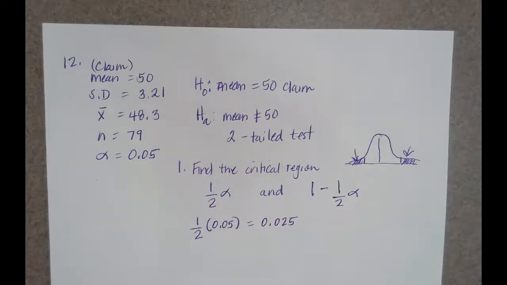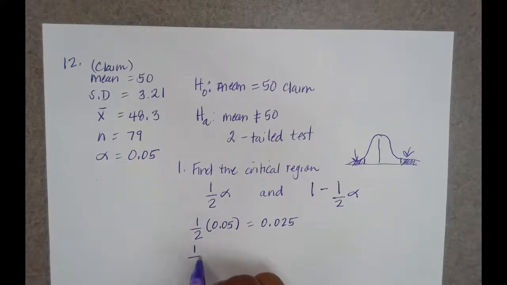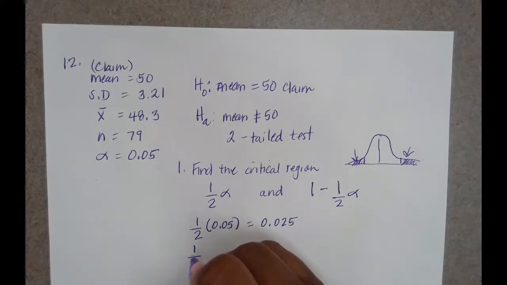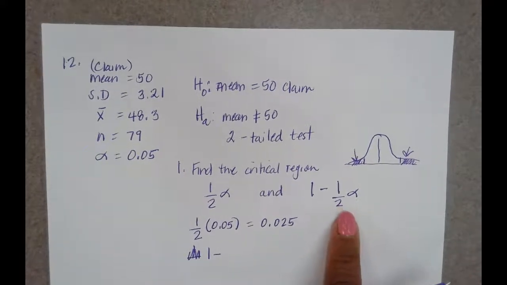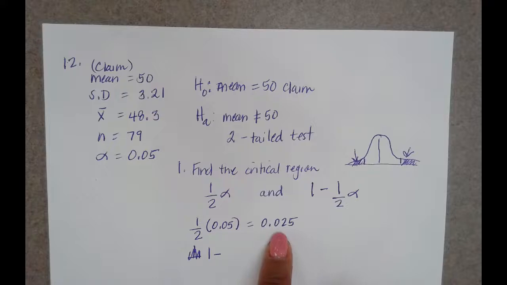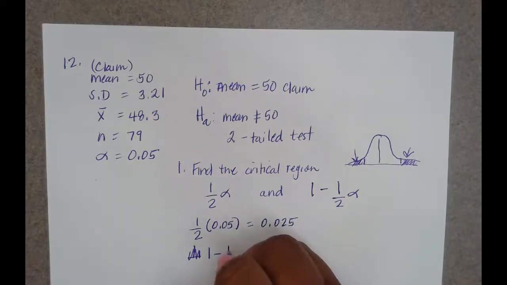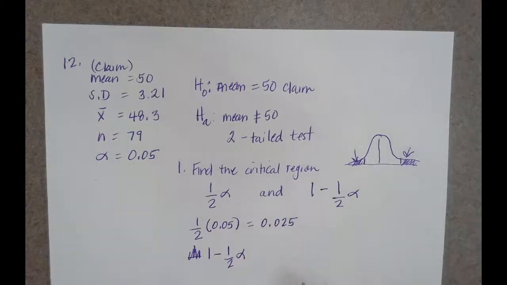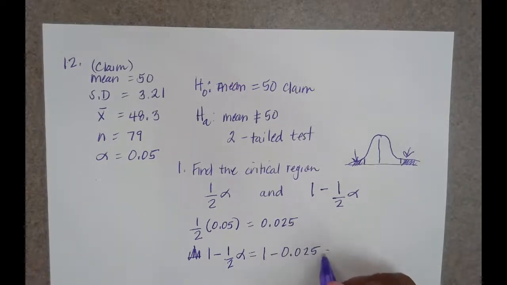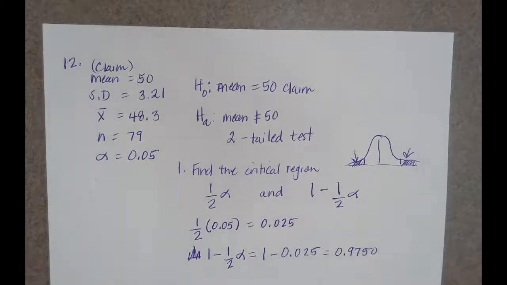Okay? 1 minus 1/2 of alpha would be 1 minus 0.025, which is 0.9750.